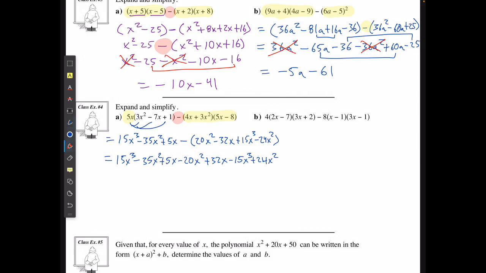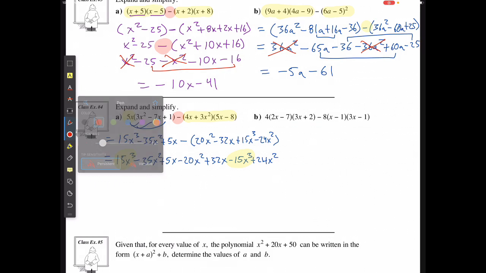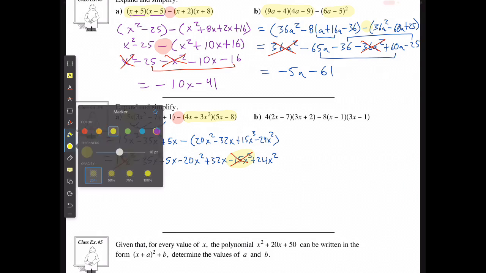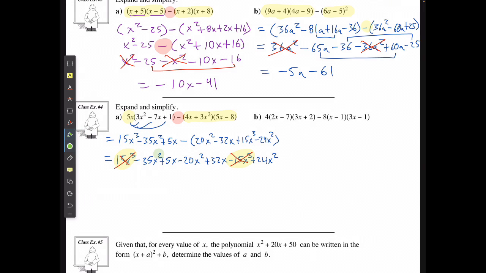And then I'm looking for the like terms. I have an x to the power of 3, I have an x to the power of 3. And these two are obviously going to cancel each other out. I have x squared, and x squared.